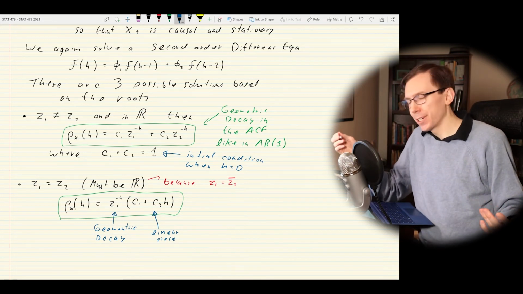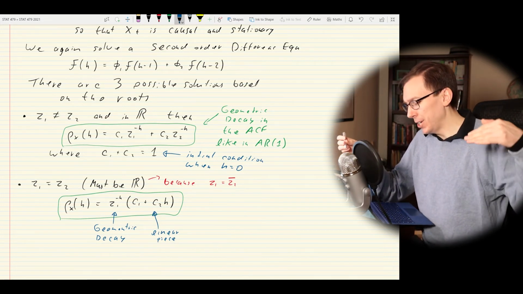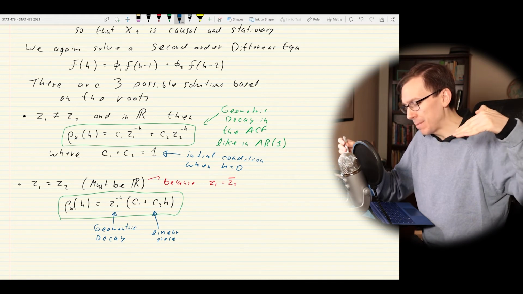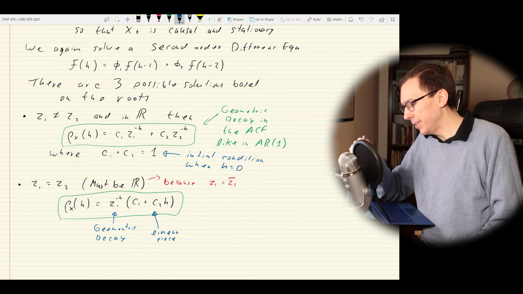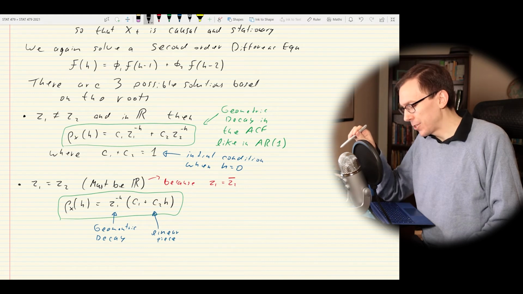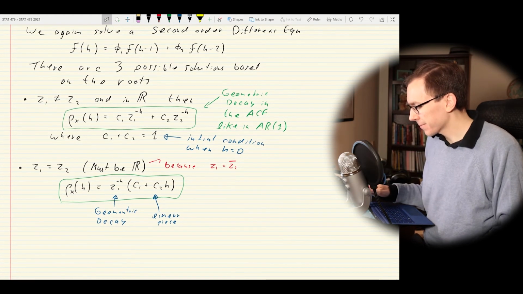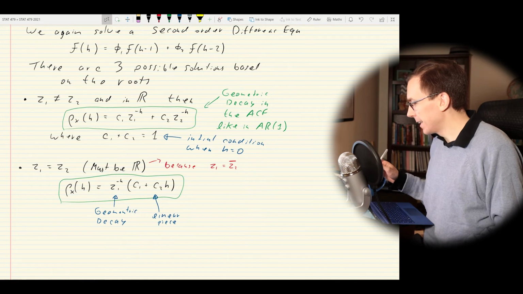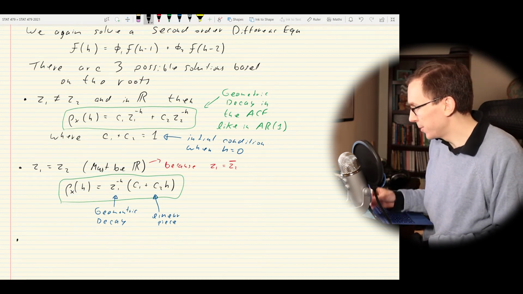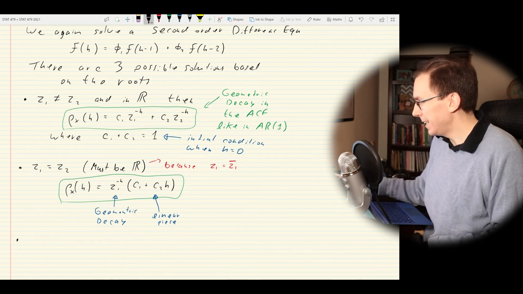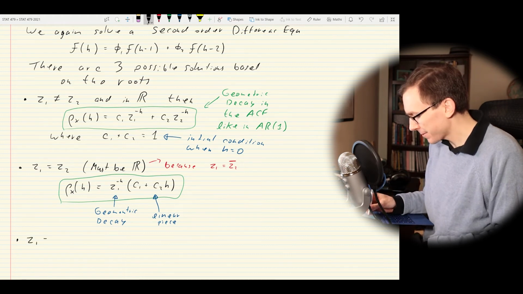Overall, you're probably still going to see the same behavior, which is that geometric decay in the autocorrelation, but it just so happens that you also have this extra little piece that will be affecting how the autocorrelation bits decay. And then lastly, and I think we have enough time to write this down, and then we'll go on to maybe one more section, is what happens if you have complex conjugate roots.